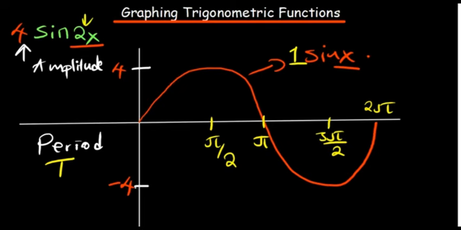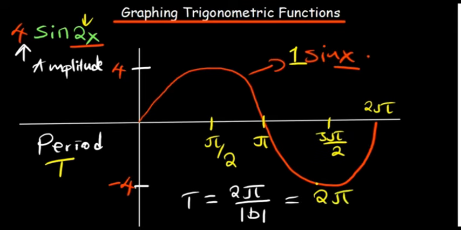In this case we have a 2. So the period is calculated using this formula where our period is equal to 2 pi divided by the absolute value of b, which is the coefficient of x. In the initial form, we just had a 1 being the coefficient of x.